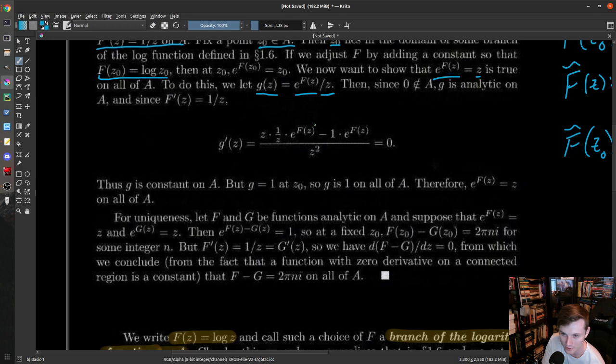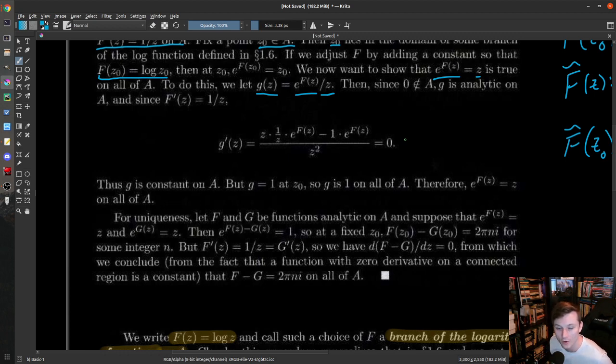It's just chain rule. Minus the derivative of the bottom, which is 1, times the top, e to the f of z, all over z squared. Just multiply it out. Z times 1 over z is just 1, so e to the f of z minus e to the f of z is 0, and 0 over z squared is just 0 on A.